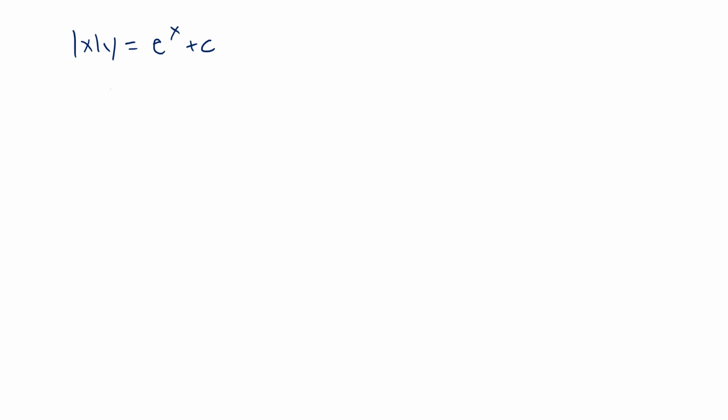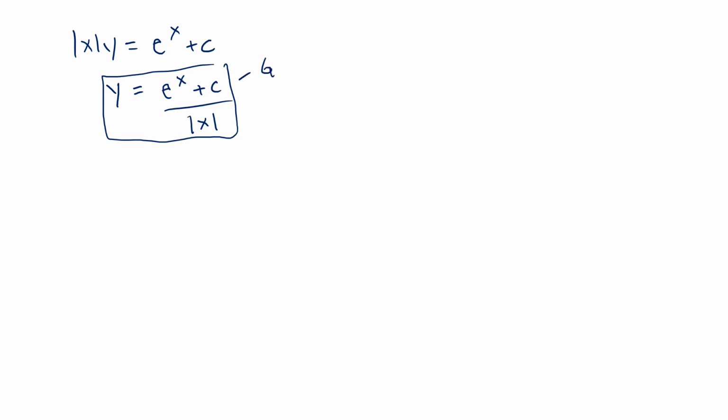So in solving for y, we're dividing everything by the absolute value of x. So y equals (e to the x plus c) over the absolute value of x. Okay, so this right here is our general solution.